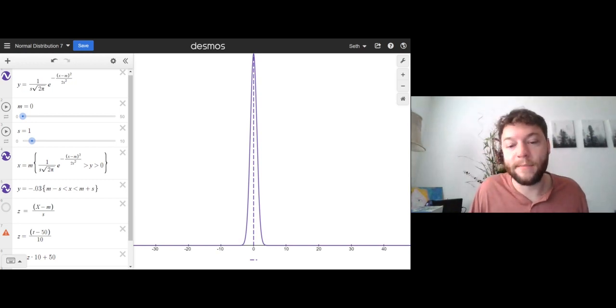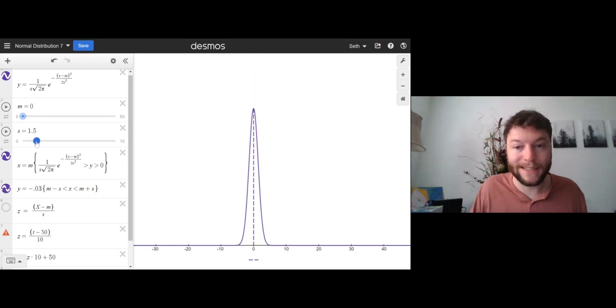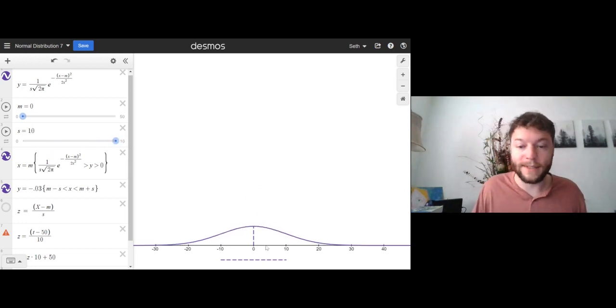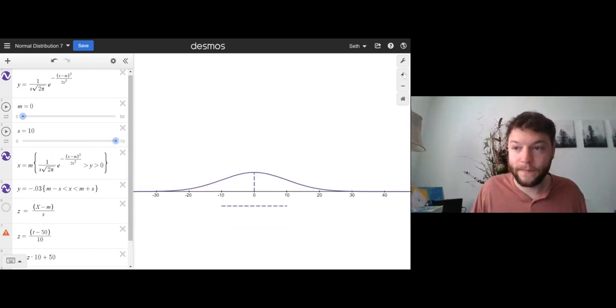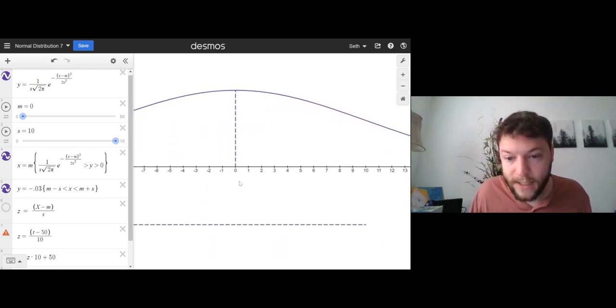So this is actually the same distribution, but I've zoomed out on the x-axis and I've zoomed in on the y-axis. When we multiply each score by 10, there becomes 10 times as much spread, as much variability in scores. And you can see the standard deviation has increased from 1 to 10.